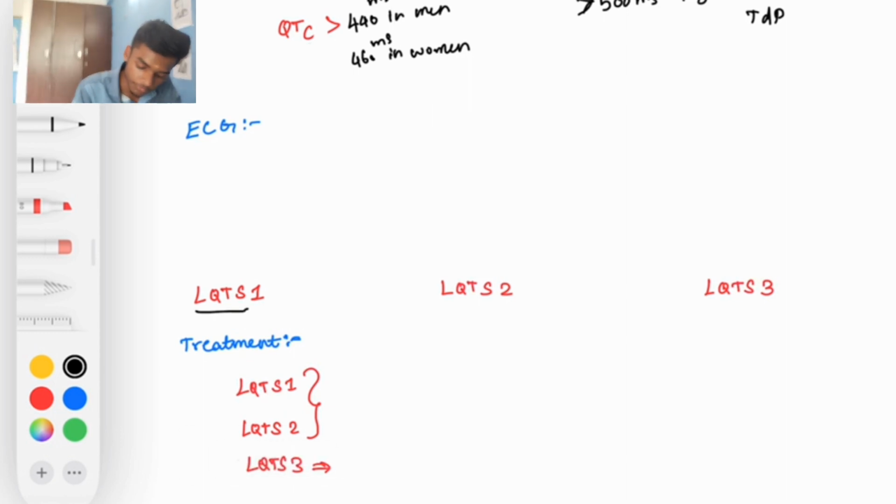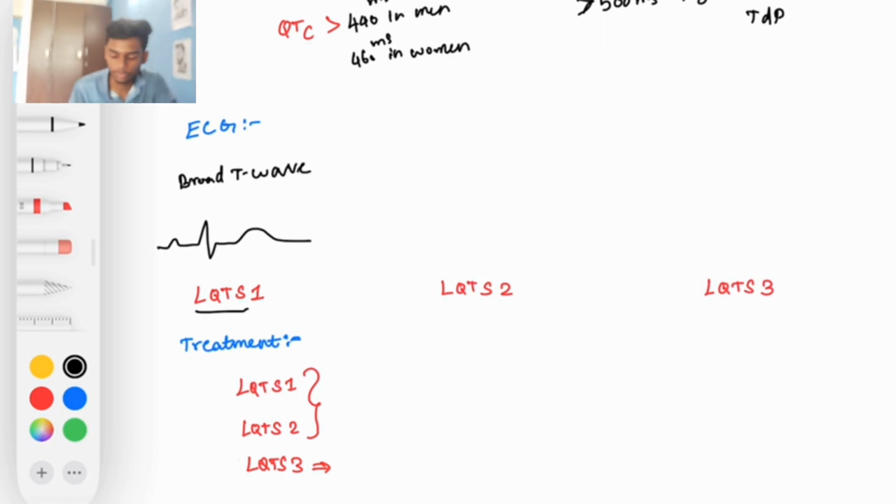The type 1 will have a broad T wave. See, everything is long QT syndrome, so everything will have a long QT interval. The one thing to notice is the change in the T wave. There is a broad T wave in type 1.